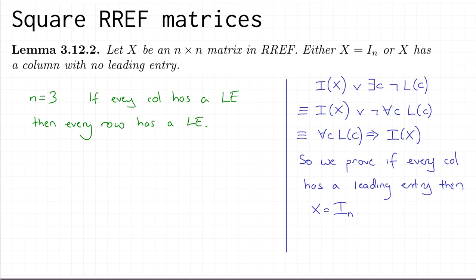So we can ask, which column does the leading entry in row i appear in? So let's let Ci be the column, the number of the column, so this is a number, in which the row i leading entry appears.